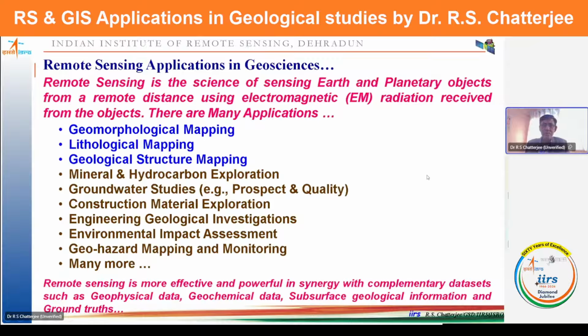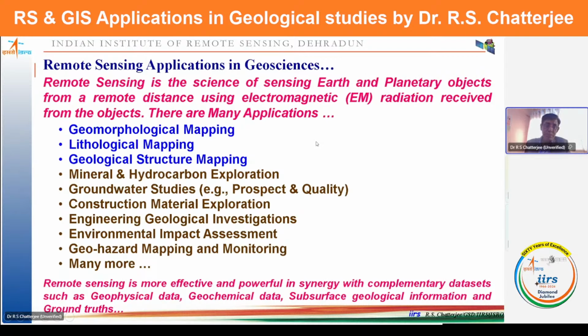So now let us see what are the applications. There are certain basic applications, and there are many focused and actual applications we have in geosciences. The basic applications are, first, geomorphological mapping. You know geomorphology, we'll discuss in the subsequent slides.